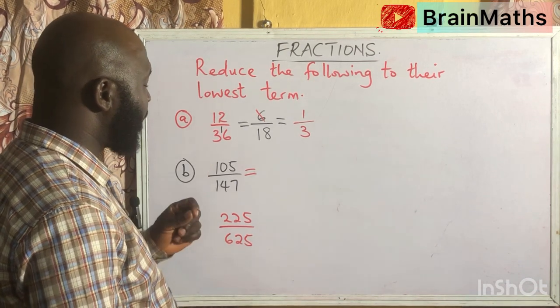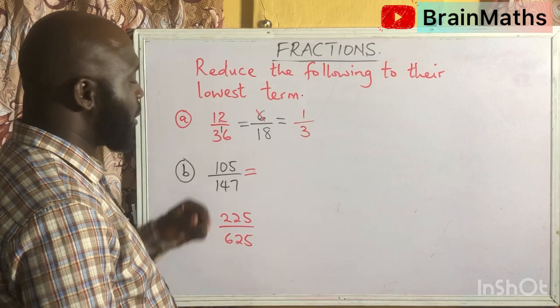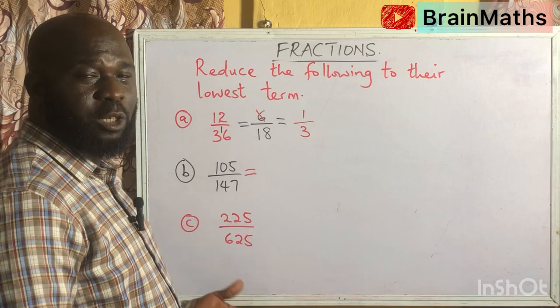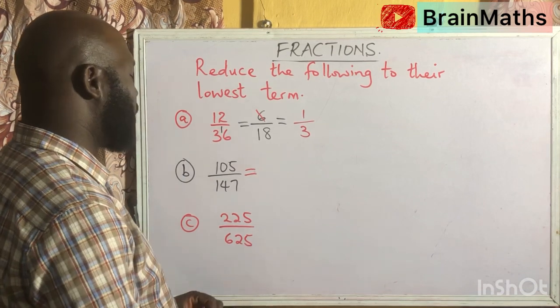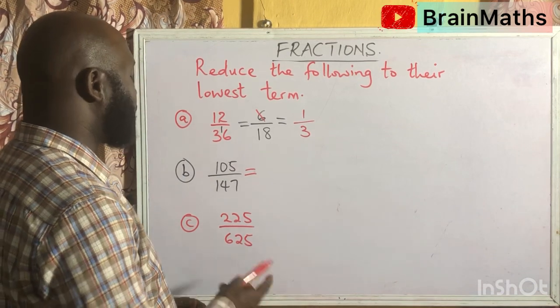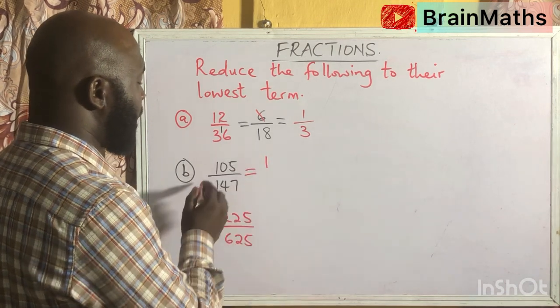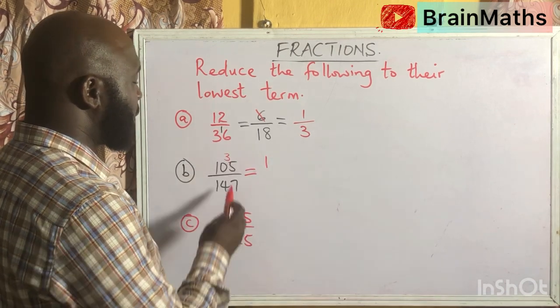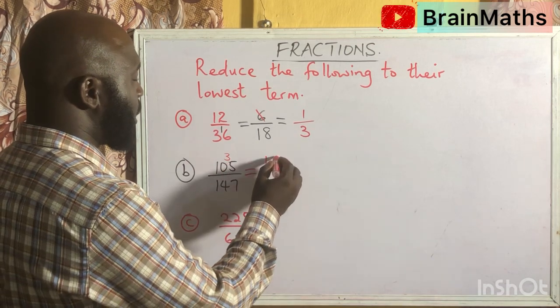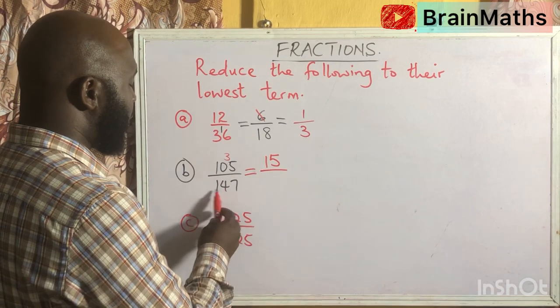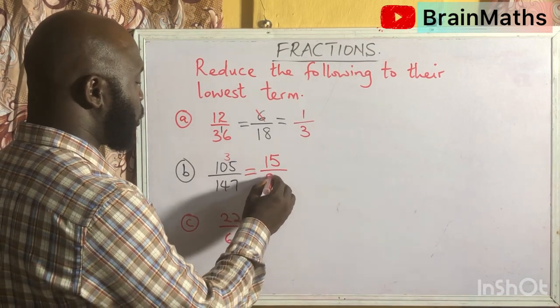How many 7s can we get in 10? 1, remainder 3. That means we are going to have 35, which 7 will also divide conveniently. How many 7s can we get in 35? That is 5. And how many 7s can we get in 14? 2.